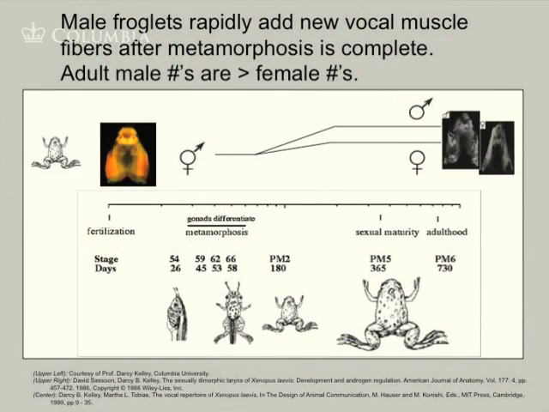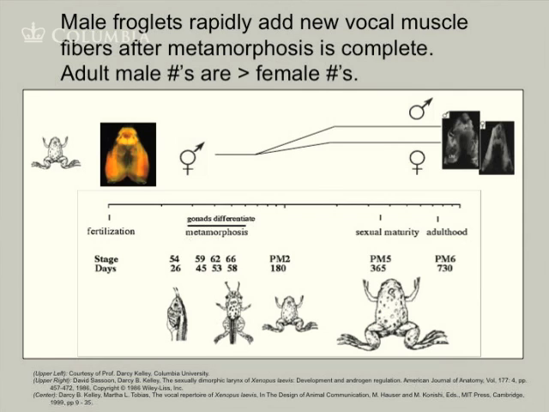How about the vocal organ? How does that work? Well, if you go back during tadpole life, they start out with the same number of muscle fibers. And then what happens is males start to add muscle fibers at a very rapid clip, so that by the time they reach sexual maturity, males have perhaps about 7 times more muscle fibers than females have. It's quite a marked difference.